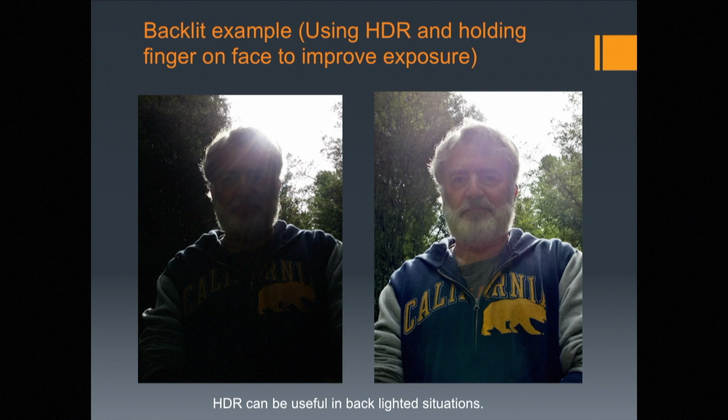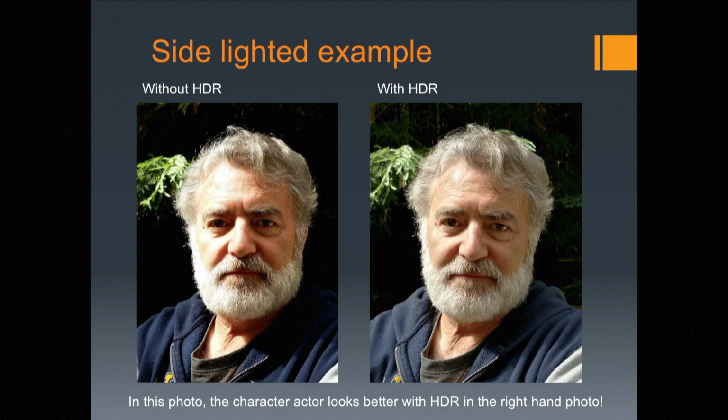but you can see the improvement from HDR. If side lighted in harsh light, your subject will have burned up highlights on the sun side of their face. And with HDR, you can see highlight detail on the really bright side of the face, and you can see into the shadows a little bit more.